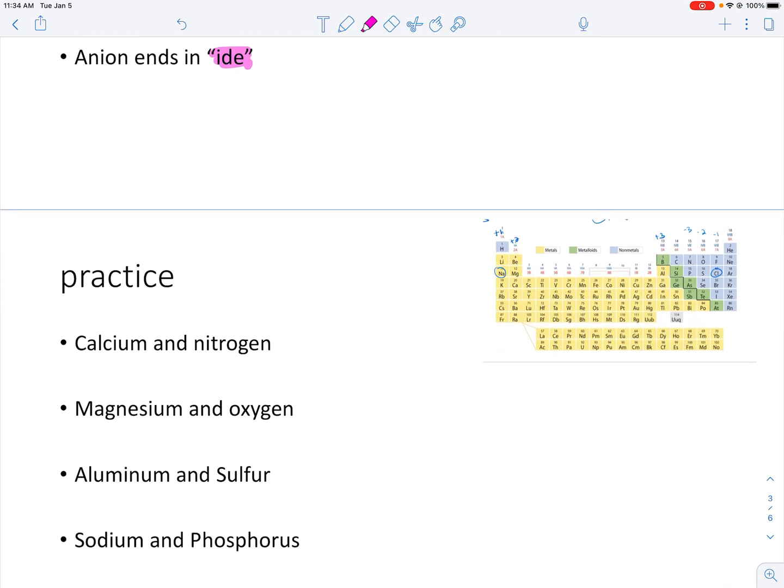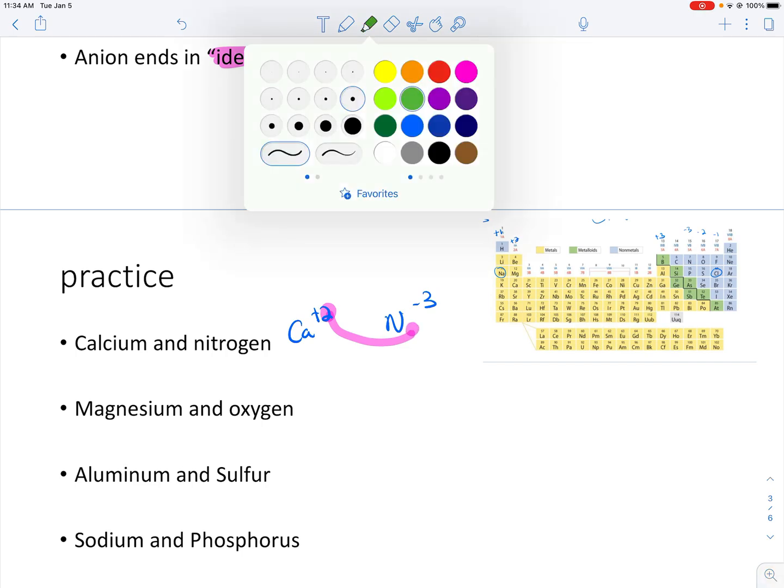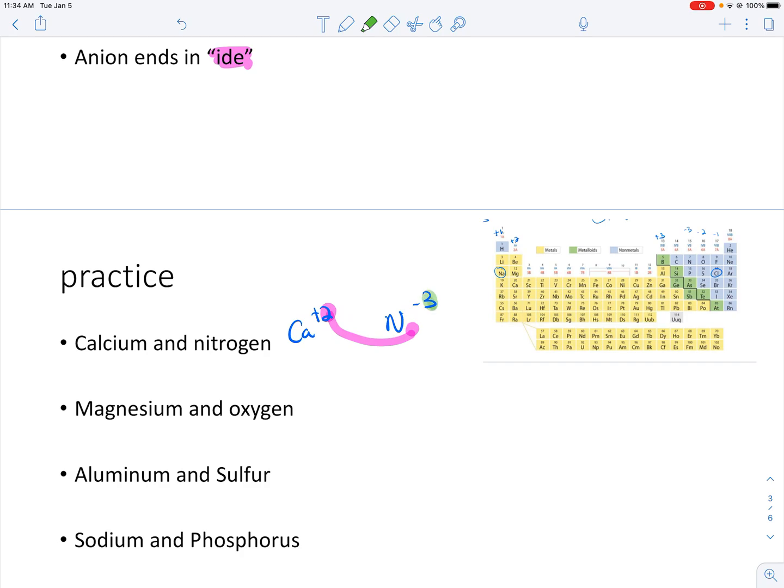If we look at this periodic table and we find calcium, calcium is right here, so it's in group 2. So we're going to say it's +2. And nitrogen is right here. It's going to take on a -3 charge. Remember that this 2 is going to drop down and become the subscript on nitrogen, and this 3 is going to drop down and become the subscript on calcium.